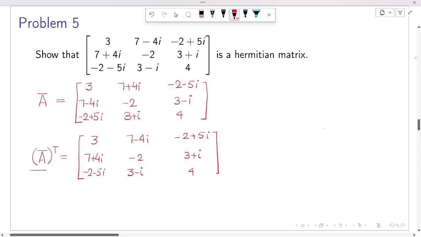Now this is A conjugate, and this is nothing but again A. So it means A is Hermitian.